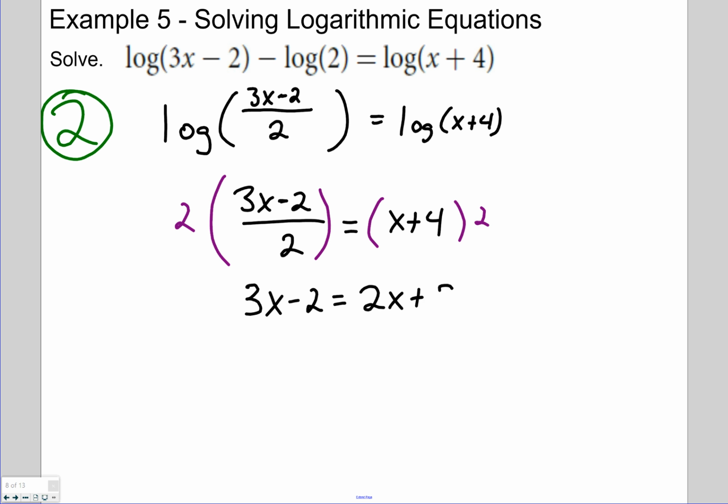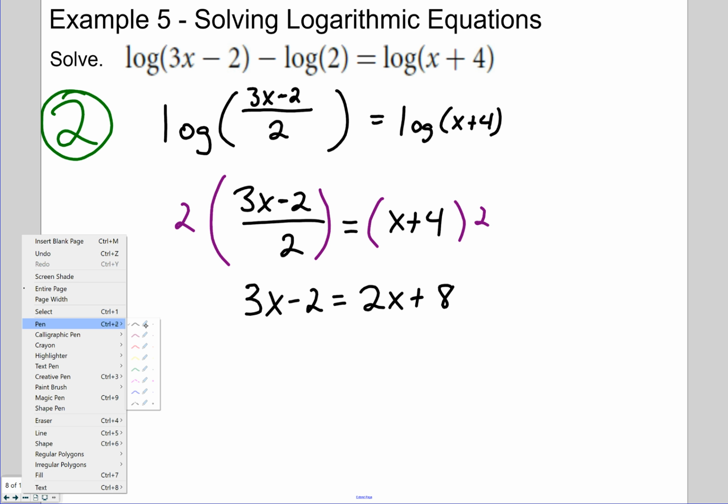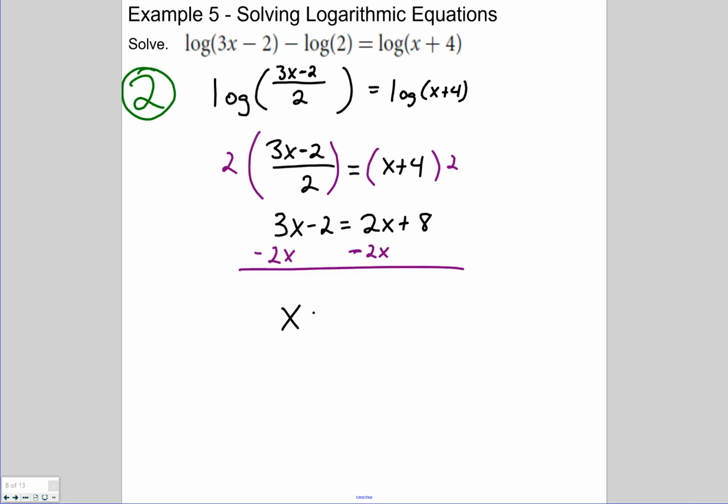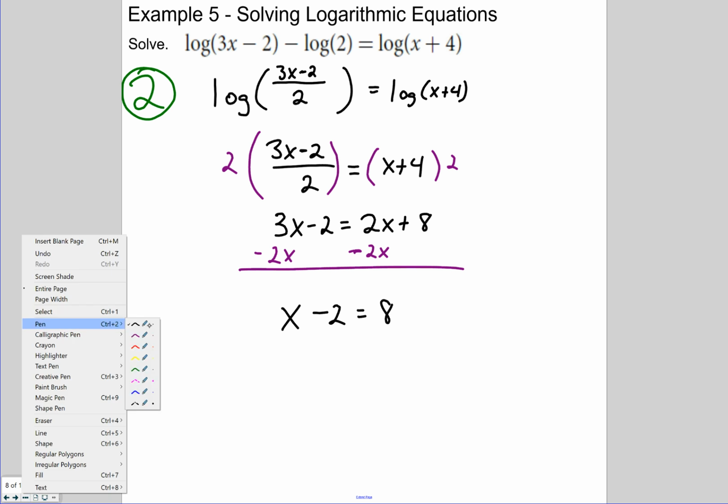All right. Next, Susanna, what would you do? Okay, you want to move the 2x? Sounds good to me. Just crushing this algebra. So that's going to be x minus 2 equals 8. You're already ahead of me. And then what? X equals 10. I love it.